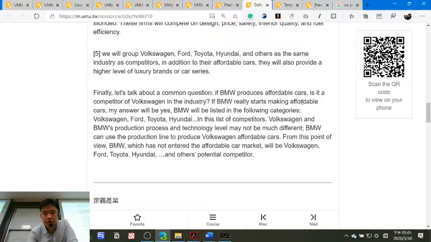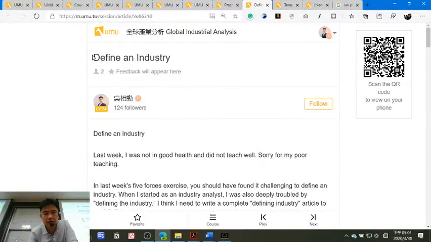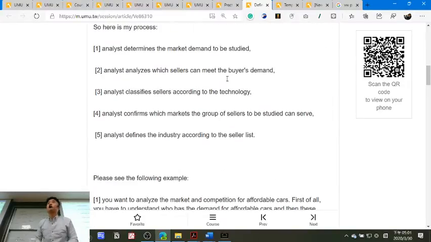And if you want to check details, just check this document, define an industry. I hope this introduction can give you an idea of industry definition. From the market demand first, later you check the suppliers, and we try to know what markets the suppliers can serve, and later we finalize our competition landscape and industry scope.